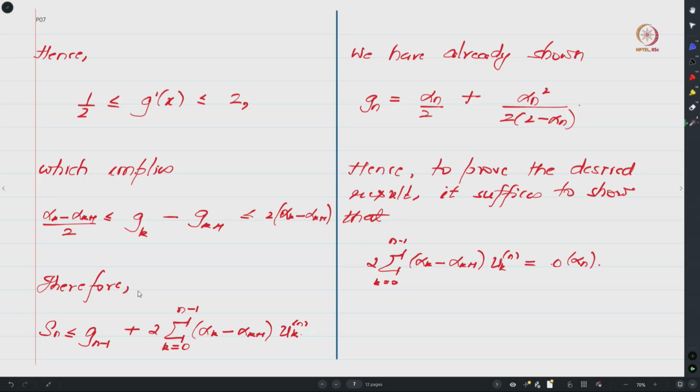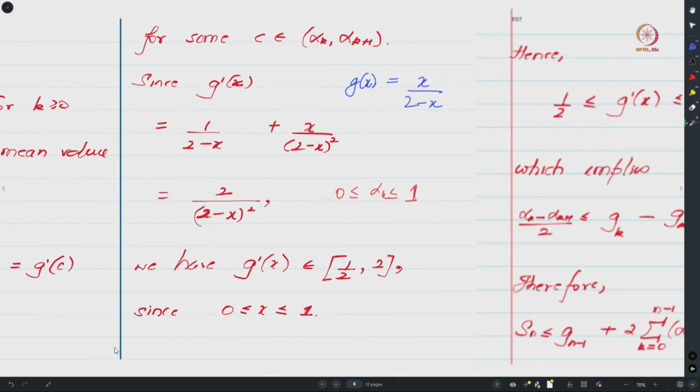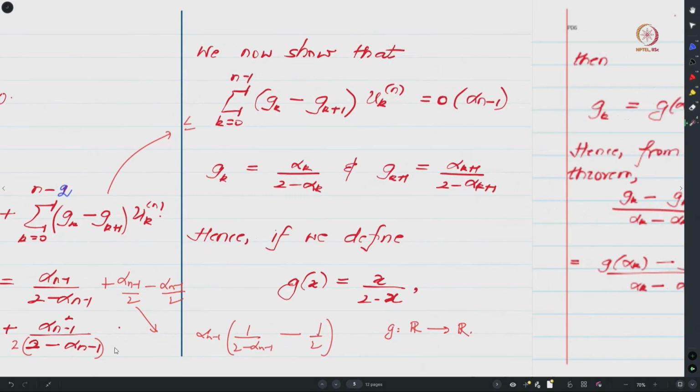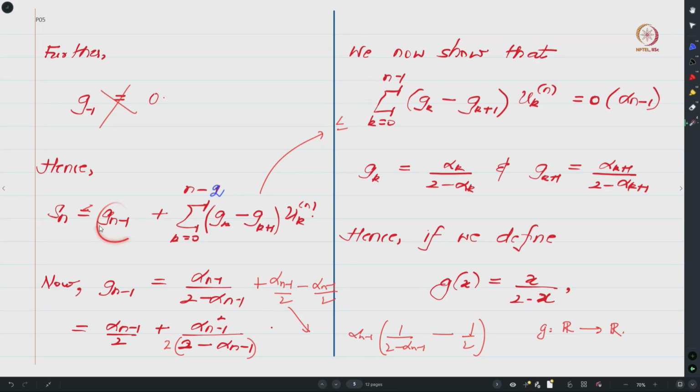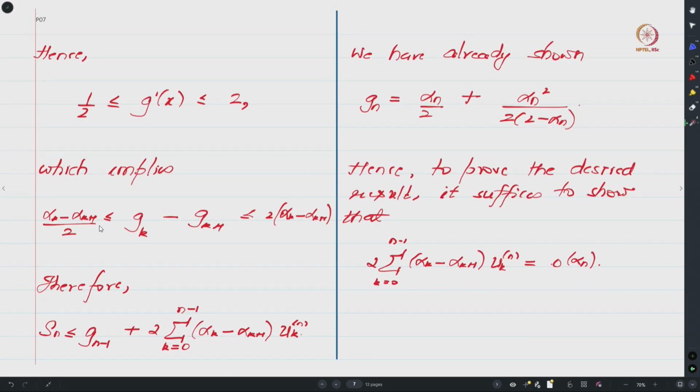Therefore, one can conclude that Sn is upper bounded by gn minus 1, which is the term that we had over here, plus 2 times, wherever you had gk minus gk plus 1, we can now replace it by alpha k minus alpha k plus 1 and put a 2 outside, so that this expression now is an upper bound for Sn.